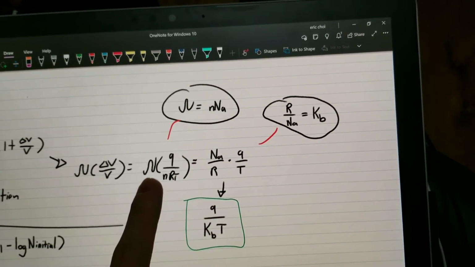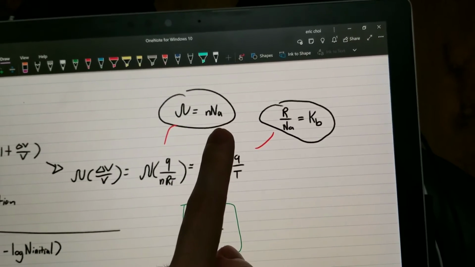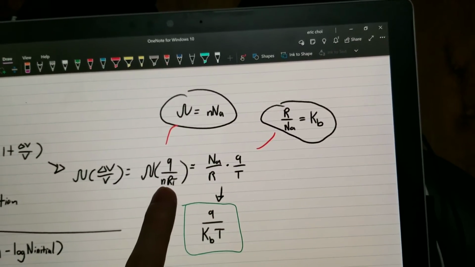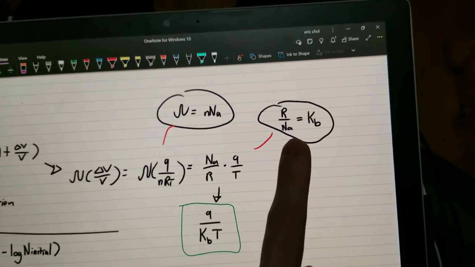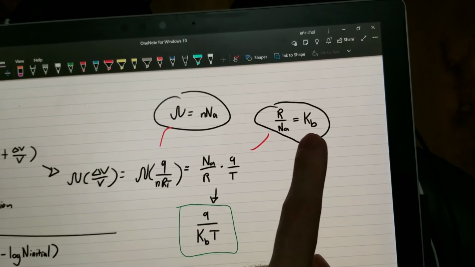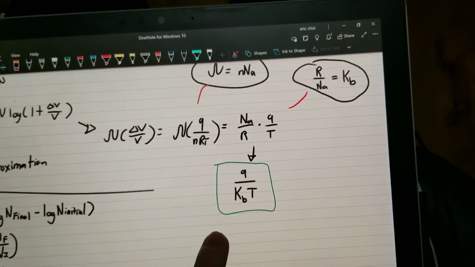And then we can also plug in the curly n is equal to n times regular Na, and cancel out that small n and plug that in. And given in the problem, we're also given R over Na is equal to the Boltzmann constant, which we plug in right here.